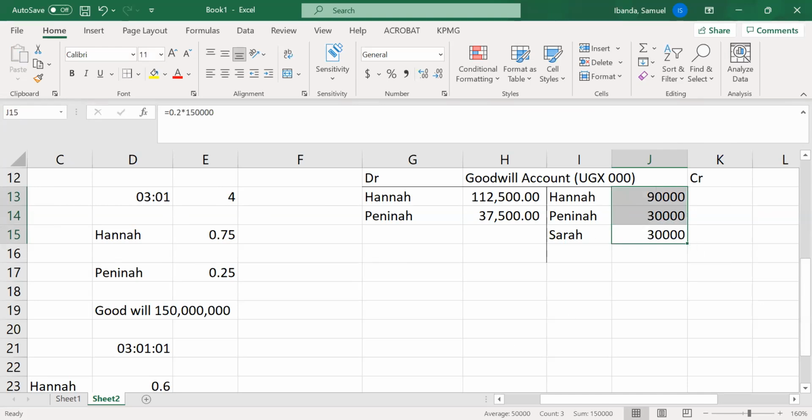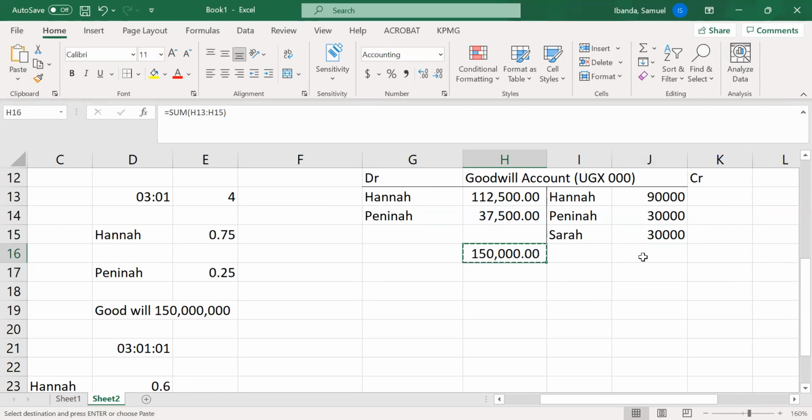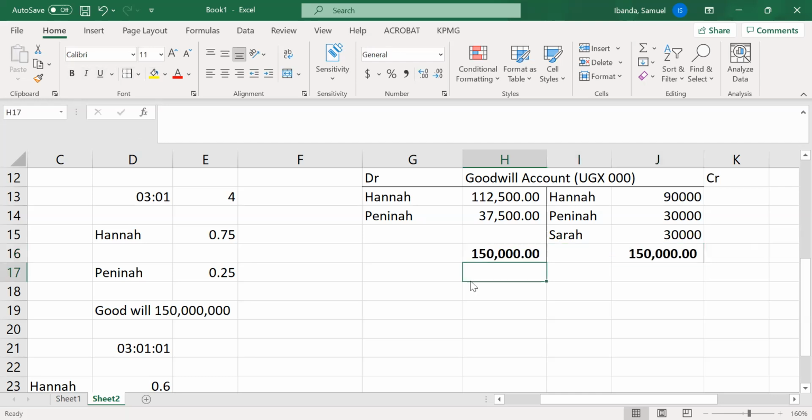Now you're going to realize that we are going to have the same total, because it's just a presentation of how goodwill will be shared after another partner joins in. So that is what we basically have here, presentation. And this is basically what the examiner expected you to do.